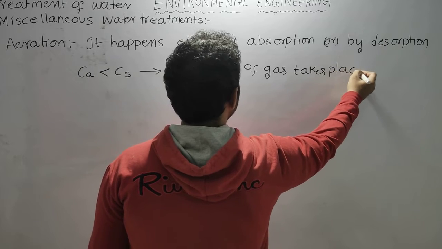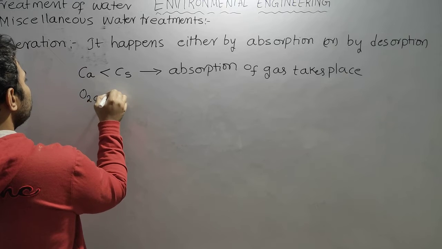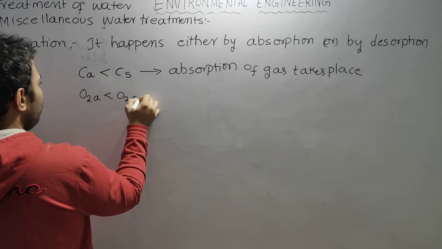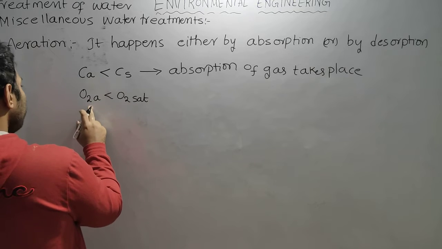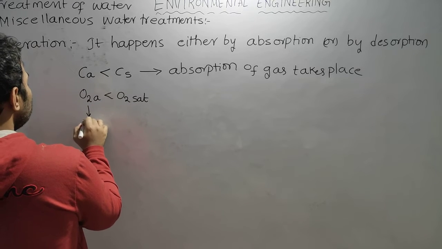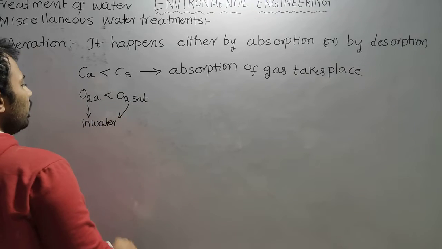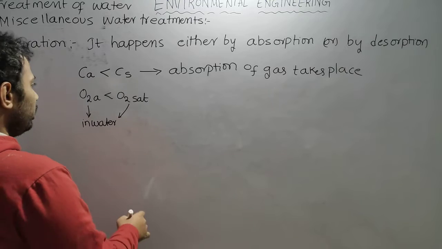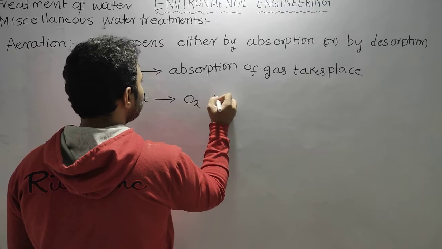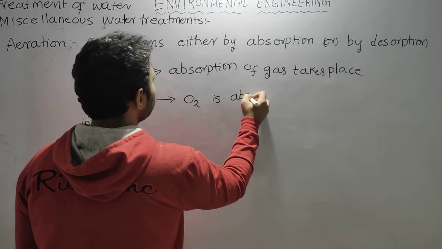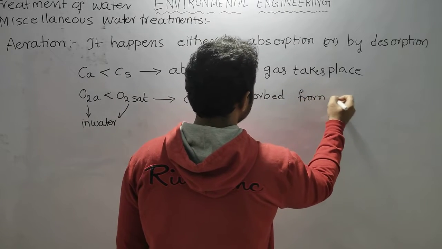For example, the O2 concentration in water is less than the saturated O2 concentration in water. Then in this case what happens? O2 is absorbed from the atmosphere.